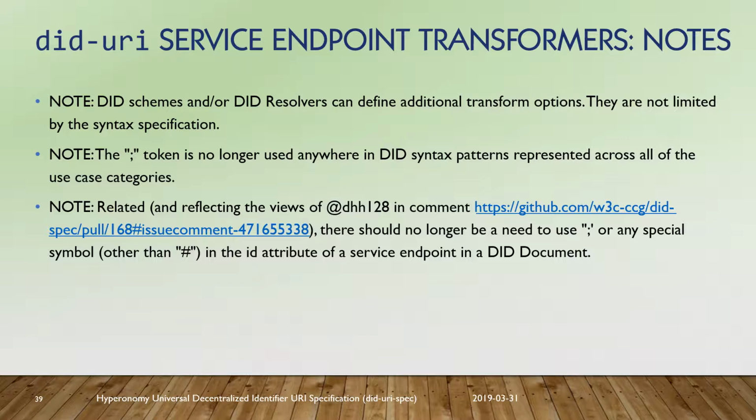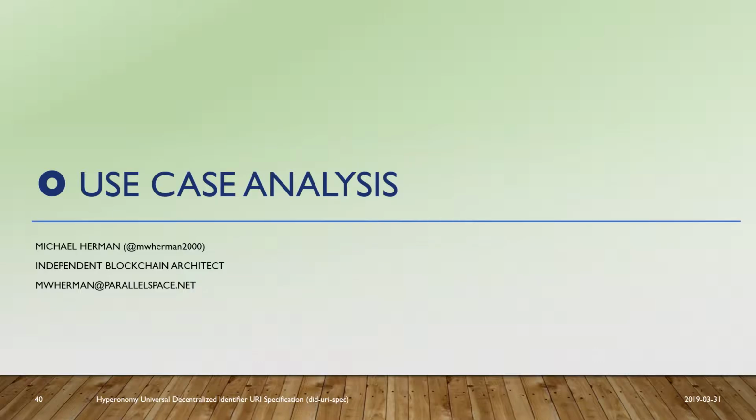How we process that ID becomes a question of the query, and as we get into some slides that enumerate all the different possibilities of inputs and outputs, that'll become more clear. Okay, so a lot of interesting background, a little peek at how the DID URL grammar works and what transformers are.